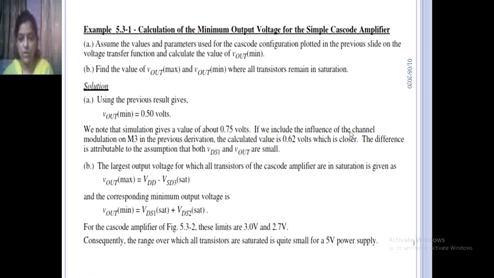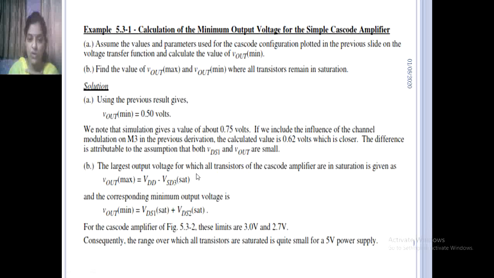If we include the influence of channel modulation on M3 in the previous derivation, the calculated value is 0.62 volts, which is closer. The difference is attributed to the assumption that both VDS and Vout are small.